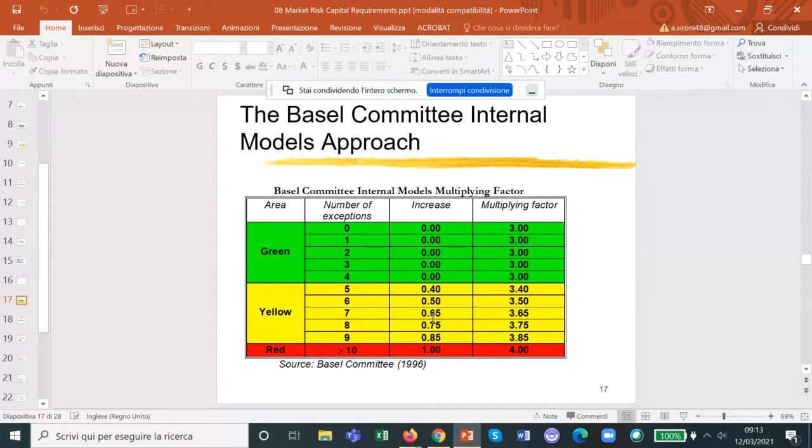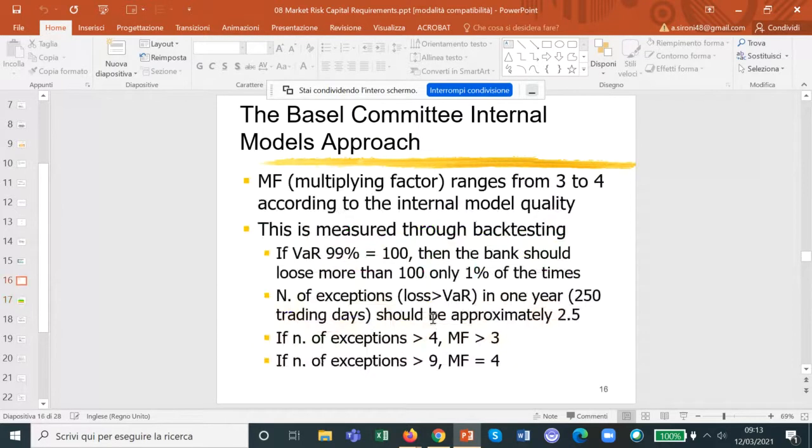I.e., if the number of exceptions is equal or lower than 4, then that multiplying factor is equal to 3. If it's above 4, then the multiplying factor is an increasing function of the number of exceptions. And if it's larger than 10, the multiplying factor is going to be 4.